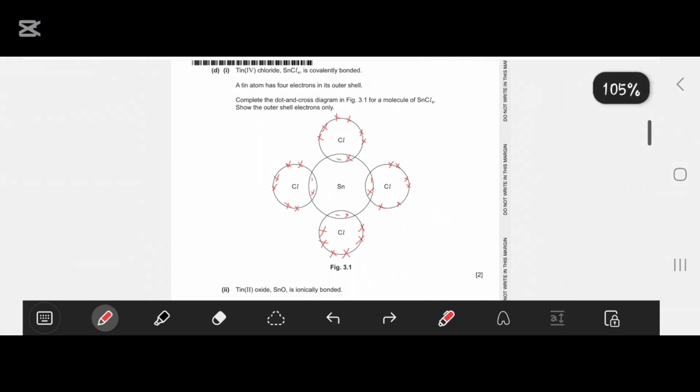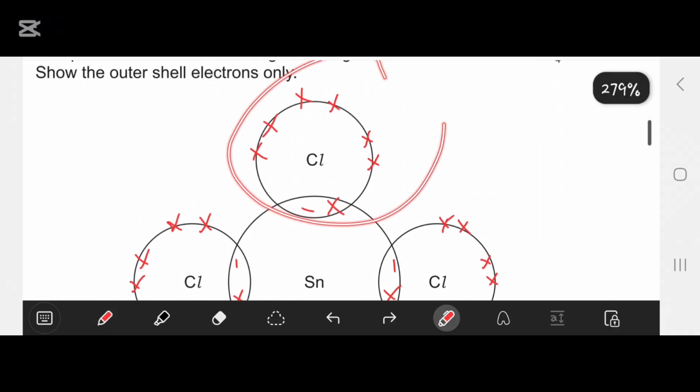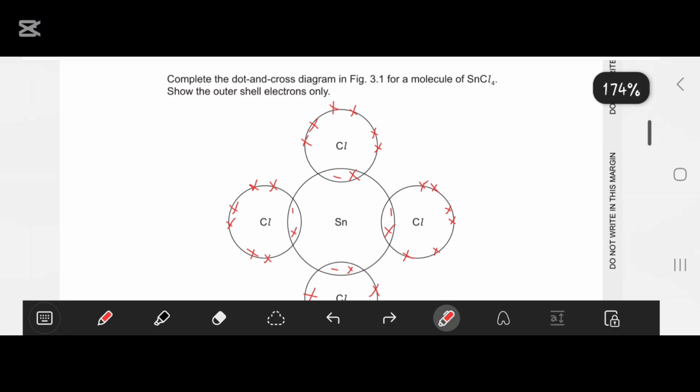Alright, tin has 4 electrons in its outer shell, so it will react with the chlorines to give each one of them 1 electron. Why does it give 1 electron to each one of them? Because the chlorines need to have a full outer shell, and in order to have a full outer shell they will need 8 electrons, so they will share 1 electron each.